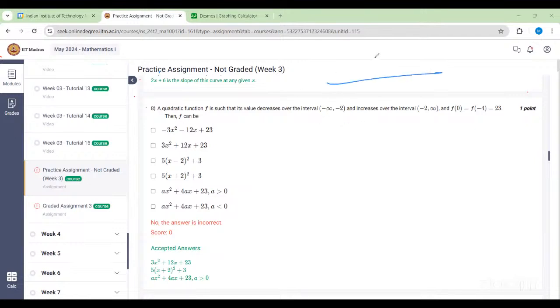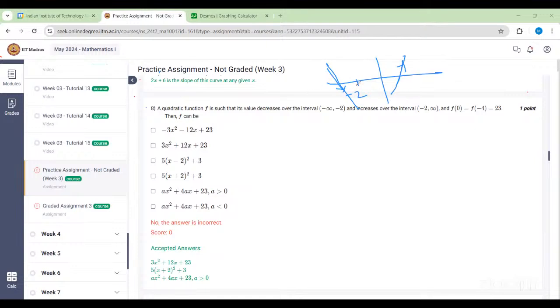So suppose this is minus 2 and this is 2 to infinity. So here it is decreasing and here it is increasing, and this is only possible if it's an upward parabola.